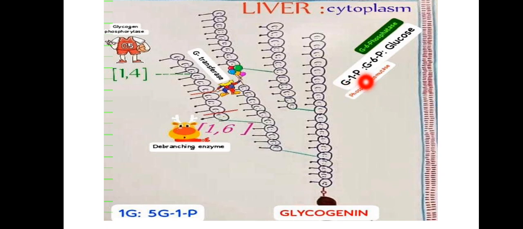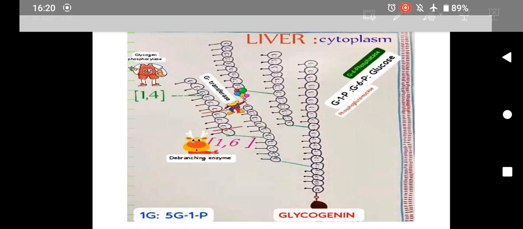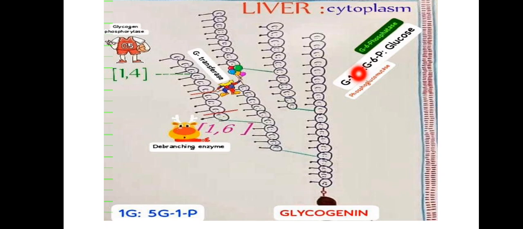Remember in my glycogenesis class, I told you that when converting glucose 6-phosphate to glucose 1-phosphate, this step was reversible. So meaning you can go back even in here. So glucose 1-phosphate will be converted back to glucose 6-phosphate. What enzyme are we going to use? The very enzyme that we used in glycogenesis, the phosphoglucomutase enzyme.